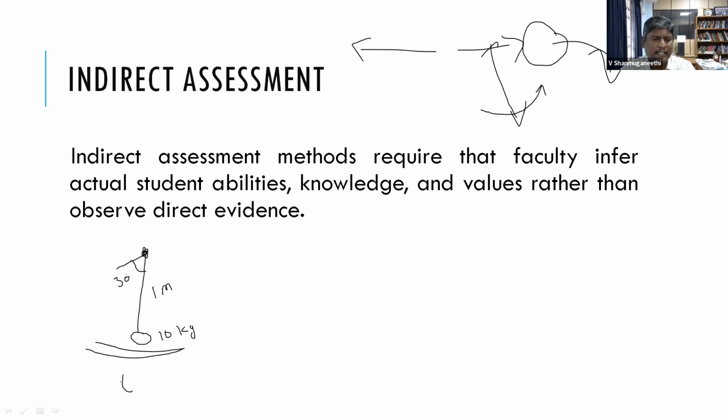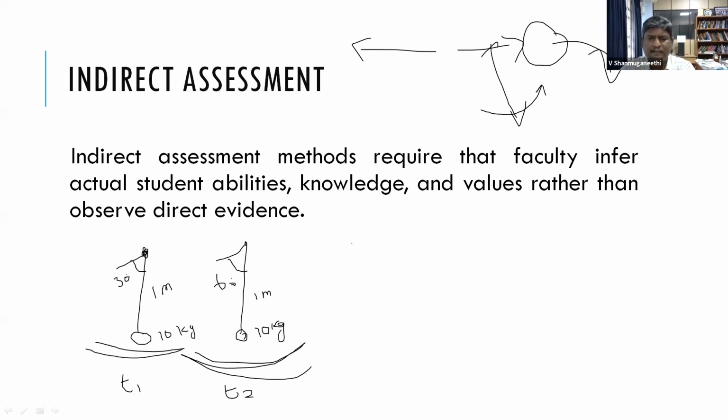Assume that this is the time T1. Then the same point, the 1 meter, the 10 kg ball, but the angle is 60 degree lifting. Then it is going here and coming back. So T2.